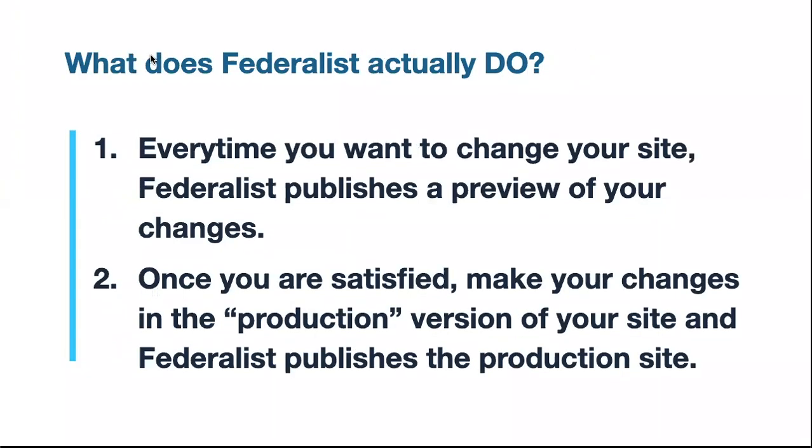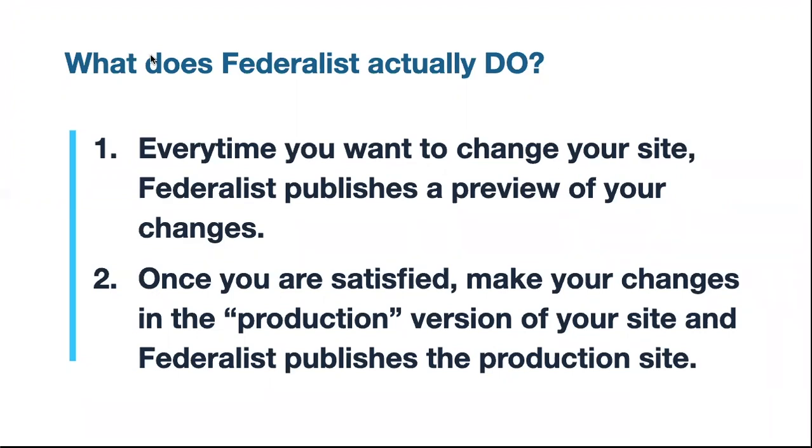I mentioned this a little bit, but what does it actually do? It's a tool that manages this deployment process, this publishing process for you. So whenever you make a change to the content of your site, the code, some of the wording, whatever that is, once that gets pushed to GitHub, Federalist will see that and automatically build a preview of the site with all those updates in it.